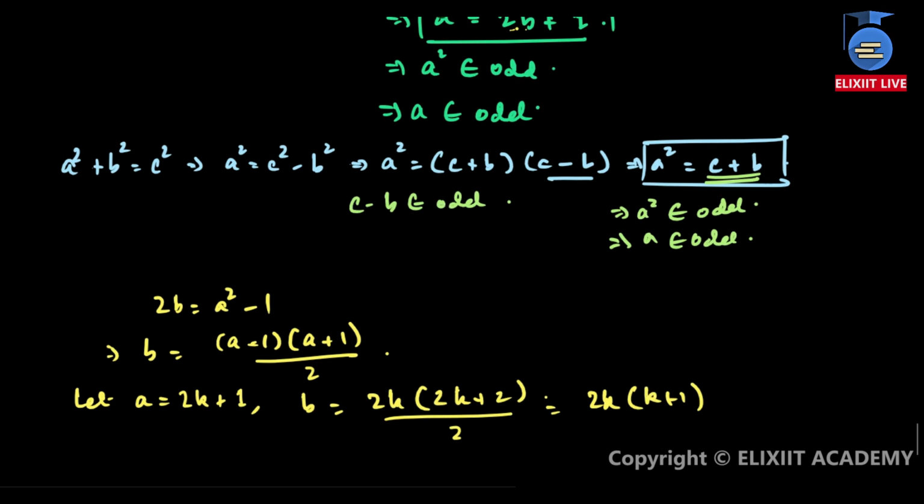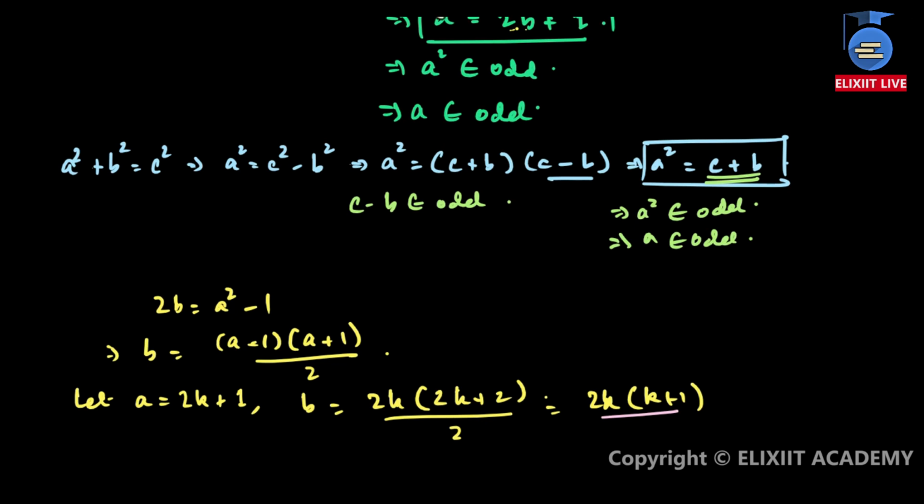Again, if you observe from here, K into (K plus 1) is the product of two consecutive numbers, and you know that in a product of two consecutive numbers, any one of them must be even.